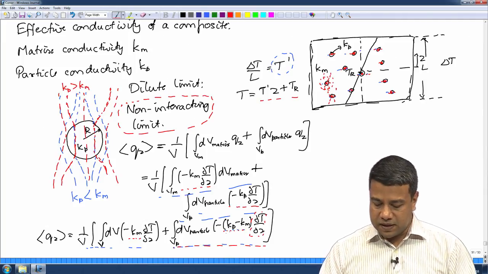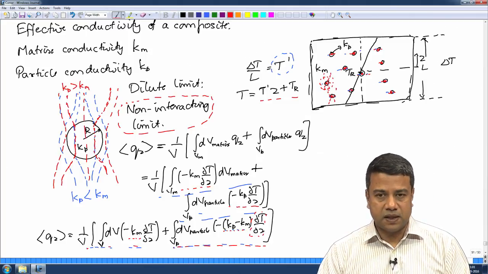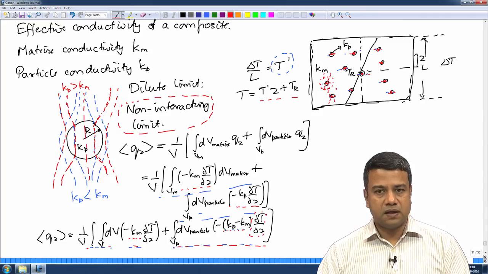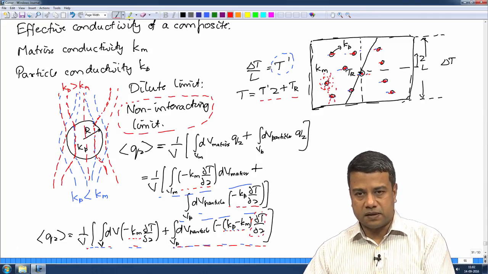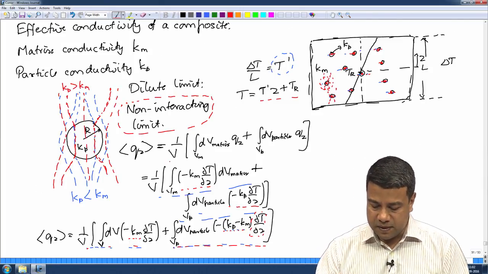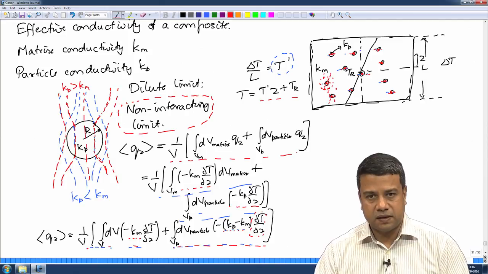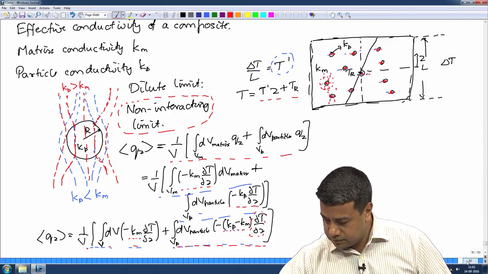So, I have written it as an average conductivity of the entire system. I have taken the matrix conductivity and taken that average over the entire system, and over the particles alone I take the difference in conductivity. That of course gives me back the same expression that I had earlier.